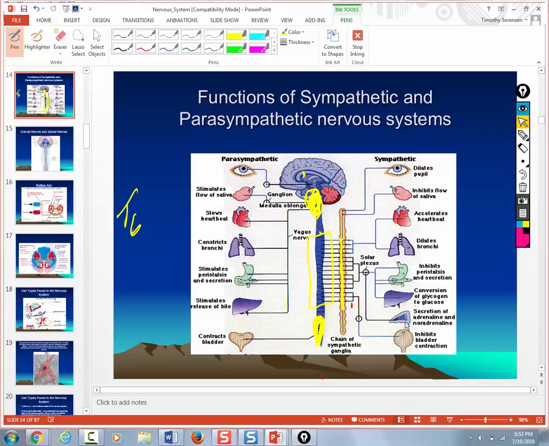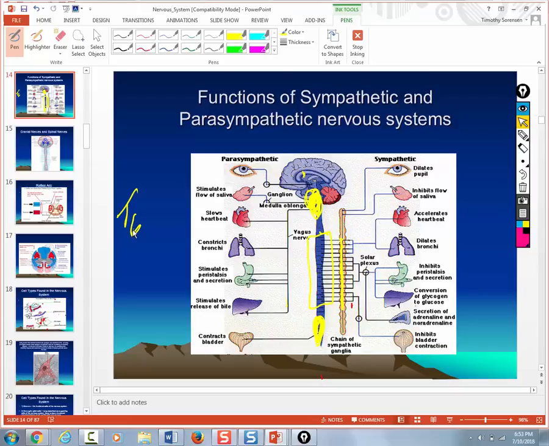And as you recall, the sympathetic nervous system also stimulates the adrenal medulla to release what? Epinephrine. And what does epinephrine do to all of your blood vessels? It constricts them. Are you with me?